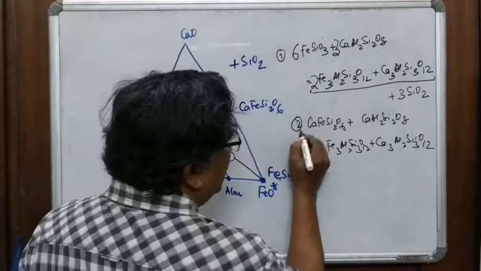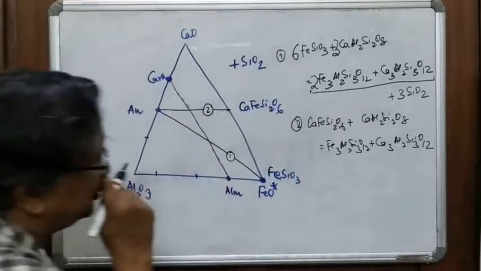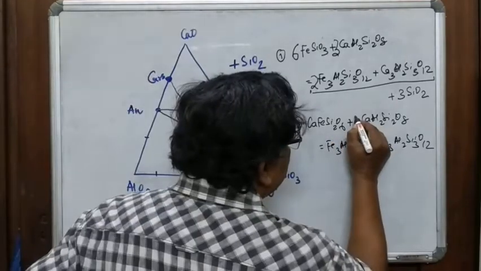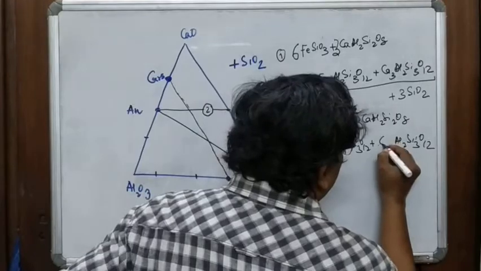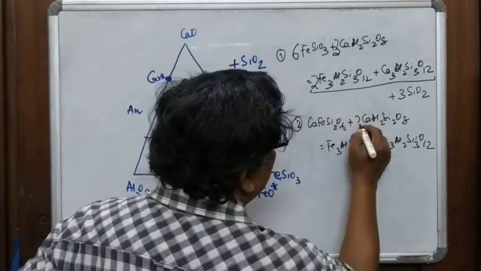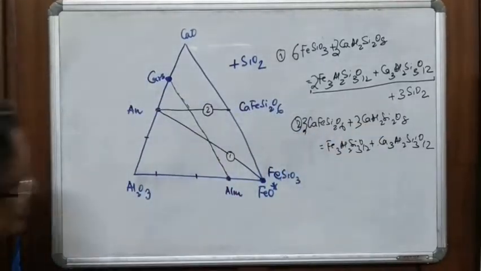Calcium is 3. So if I give this as 3 and this is 3, what happens?